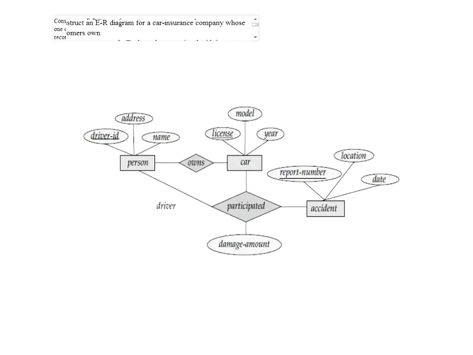One car has associated zero or many accidents, so it will be many here, and one over here, because we are recording details about one car. And in the participation relationship, we are keeping another piece of information, that is the damage amount, or we can keep information about the driver as well, like who was the driver at that time.